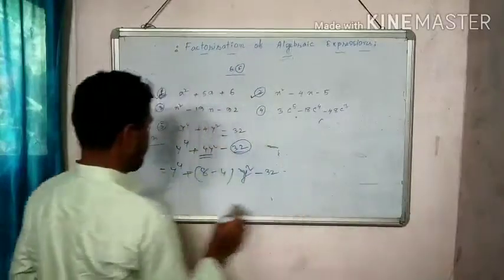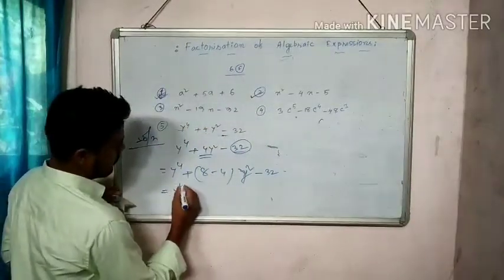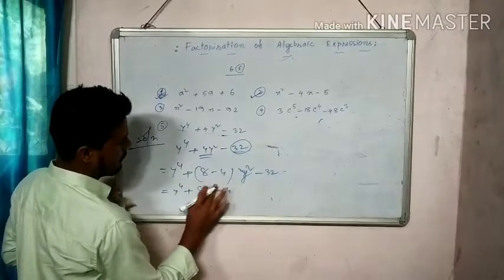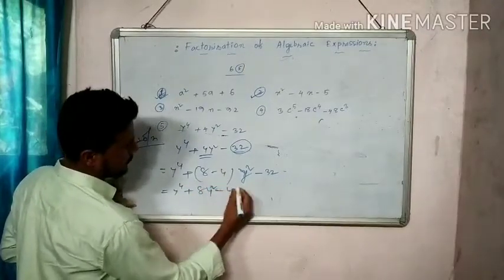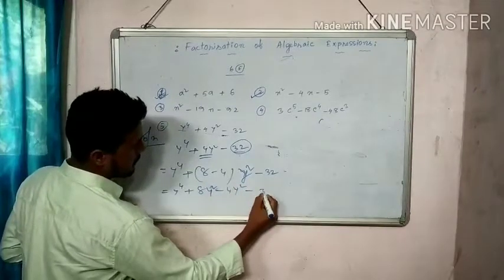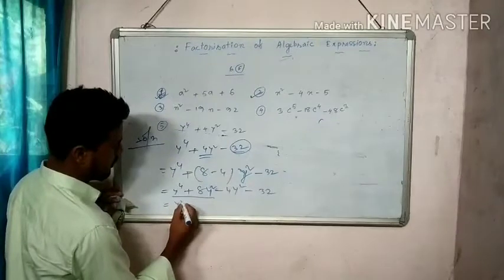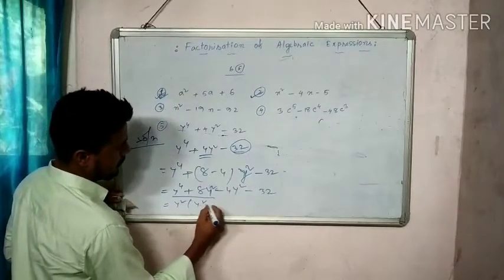Now y to the power 4 plus 8y square minus 4y square minus 32. From the first two parts you can take y square common, leaving y square plus 8.